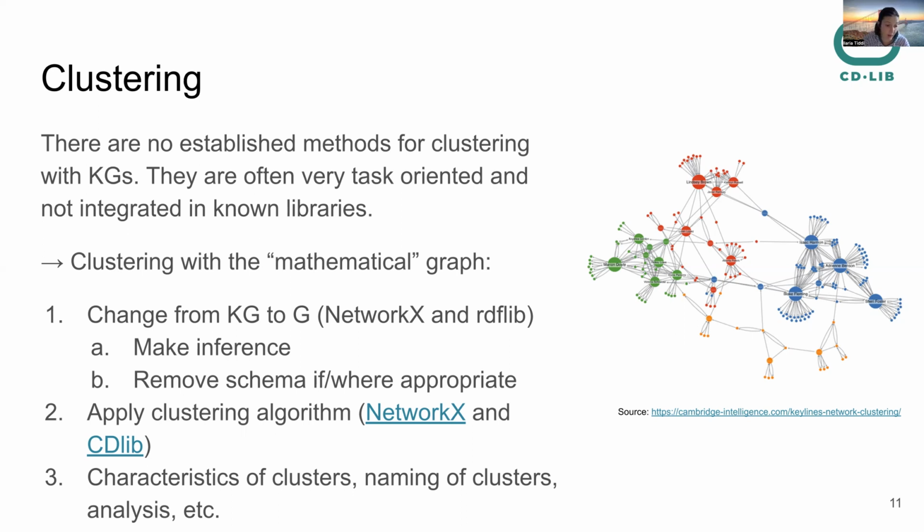This is also a library for performing clustering over graphs. What you end up with is a set of clusters in your graph that you can then further analyze, to try to maybe give them names and understand what their topics are. You can analyze them in a number of ways.